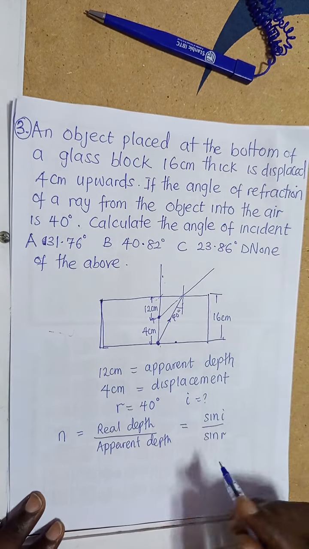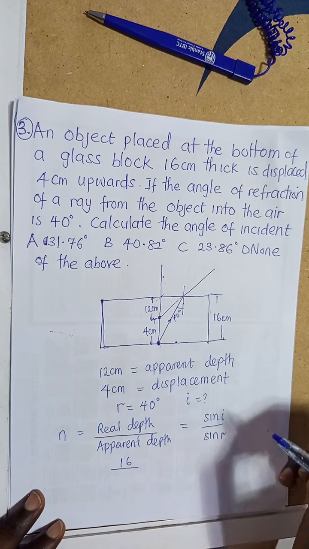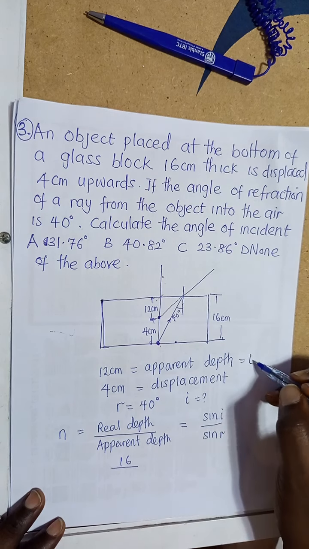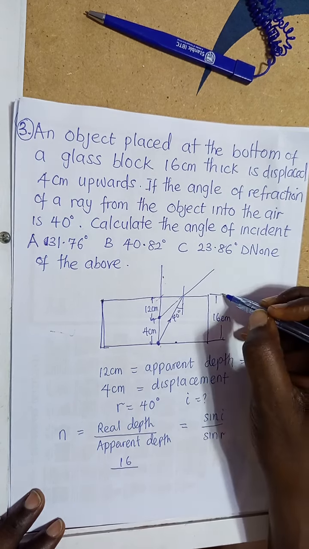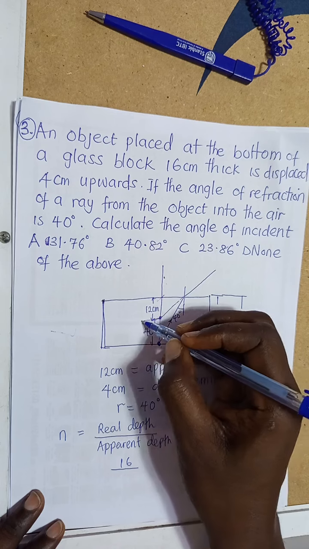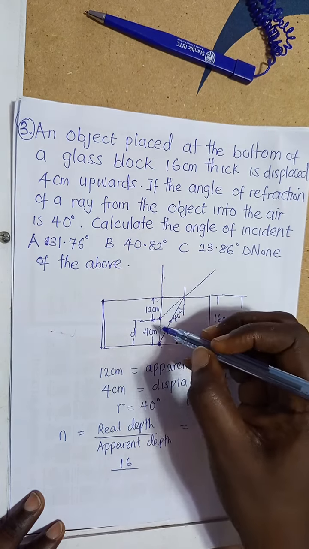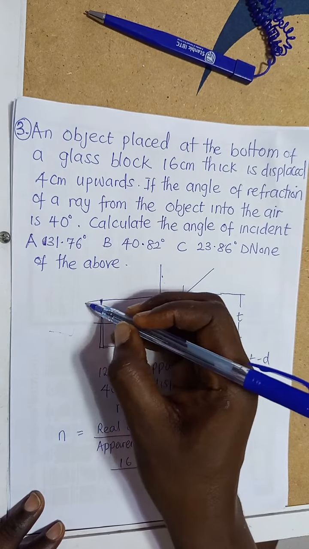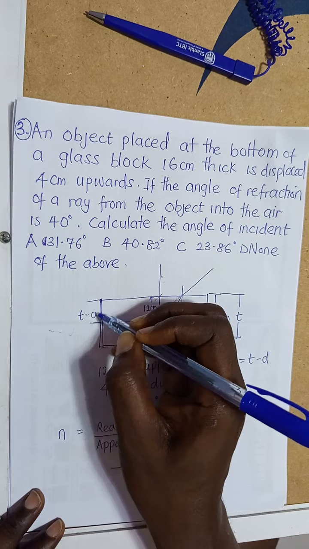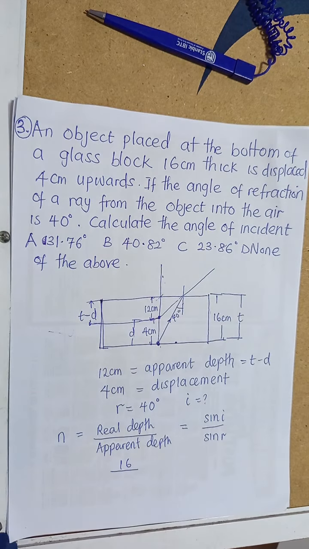If you want to use this formula, real depth is 16. Don't forget, apparent depth is t minus d. If everything here is t, and here is the displacement d, then from here to this place is t minus d. So please take note of that.